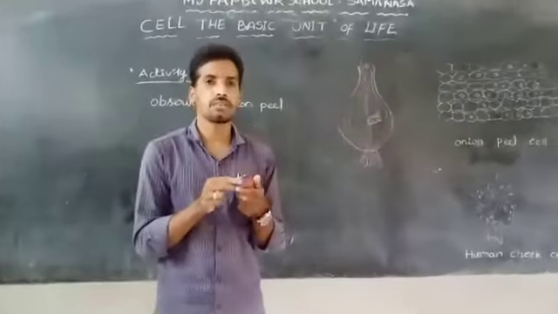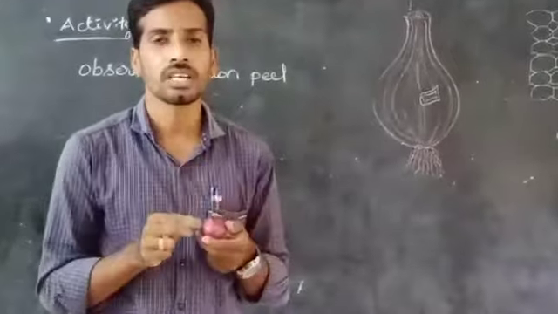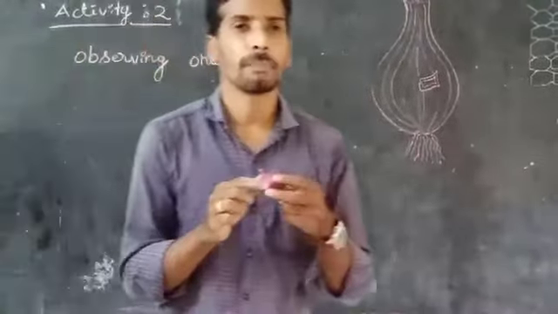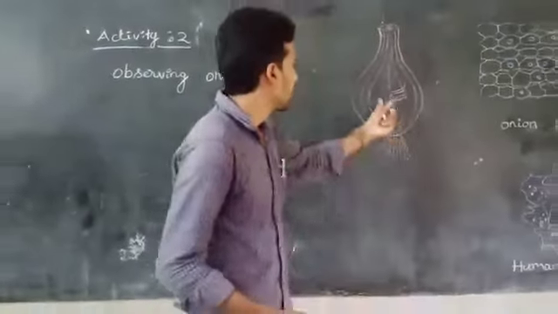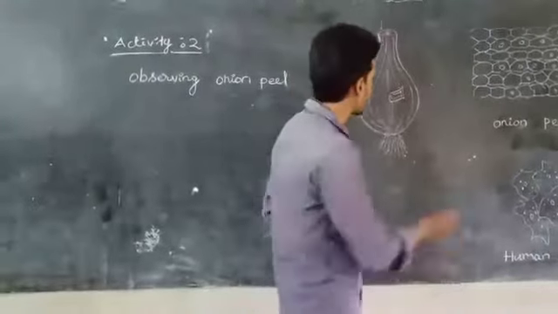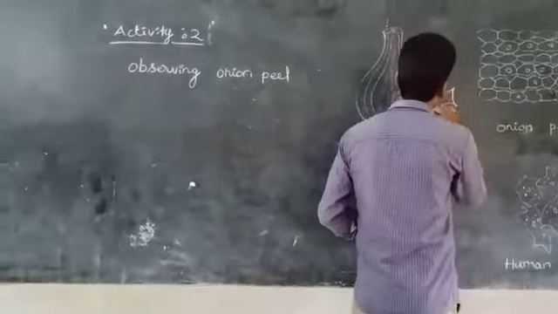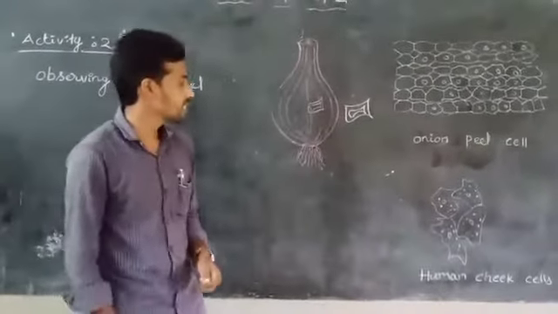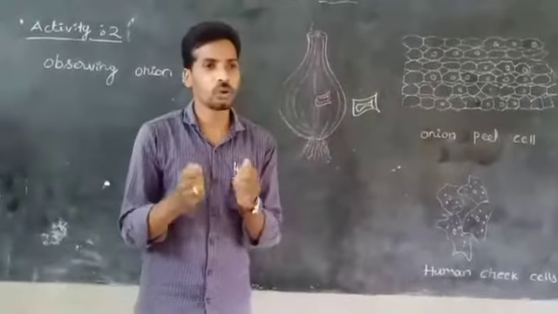Take the fleshy portion of the onion bulb. Break it into two pieces.